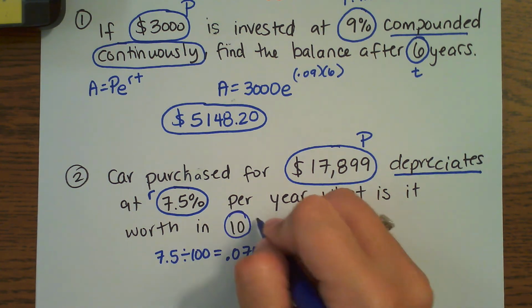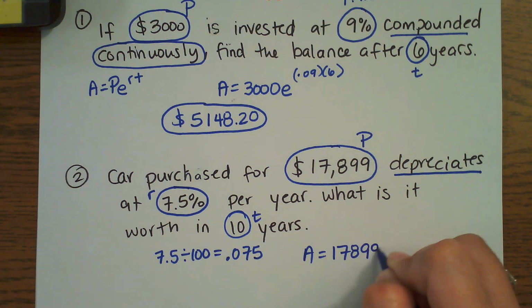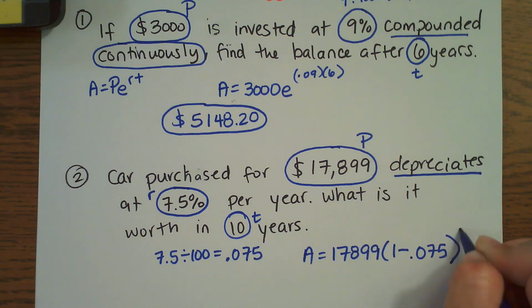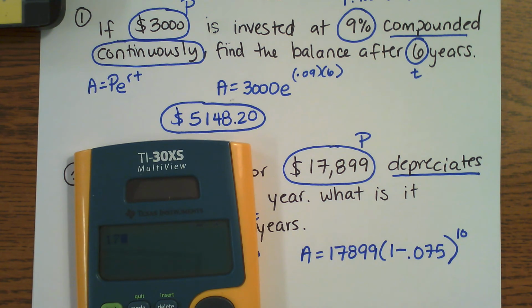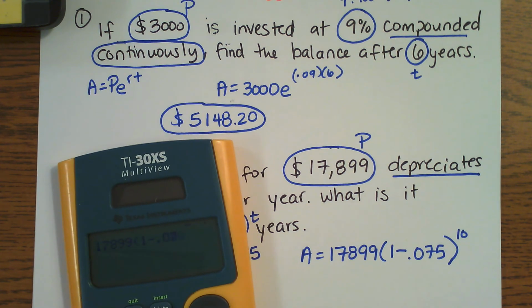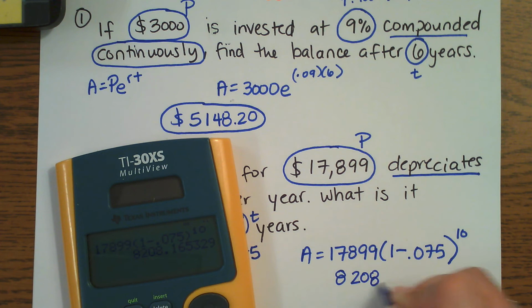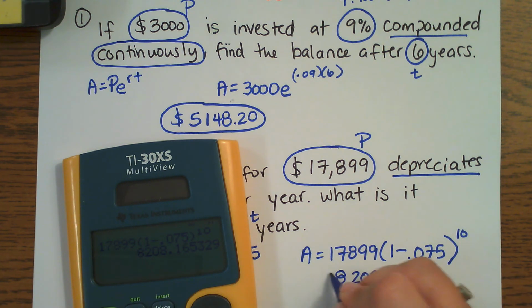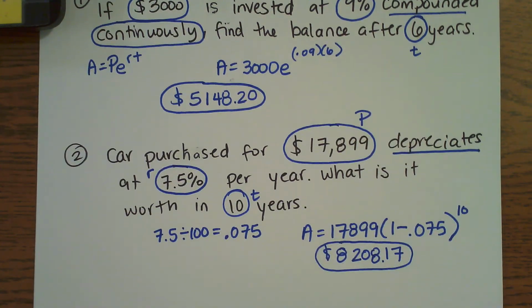And then there's my year's T. So I would say 17,899 times 1 minus 0.075 to the 10th power. Which would be $8,208, and I would round that to 17 because the number to the right of the 6 is a 5. So even 10 years later, it's still worth about $8 grand, which is not bad.